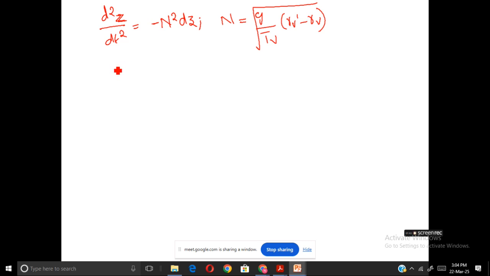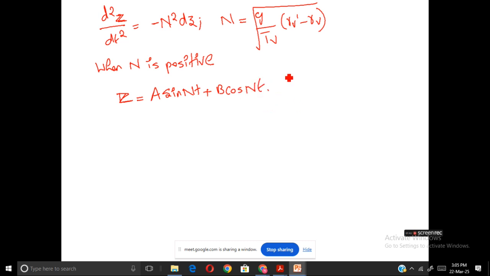In this case, when n is positive, the solution of this equation is of the form z is equal to a sin nt plus b cos nt.